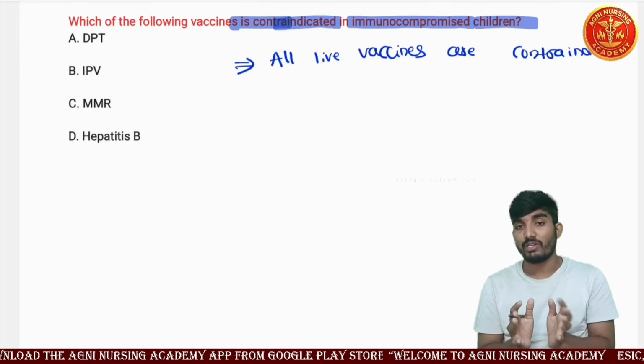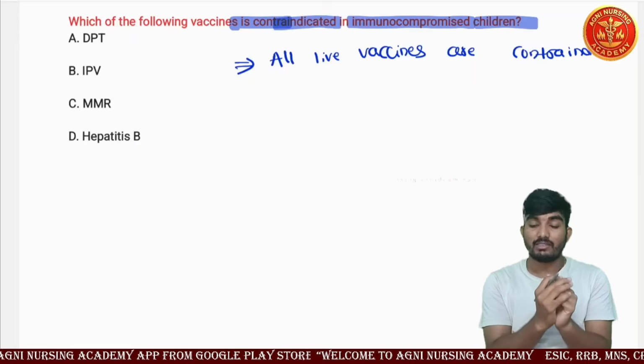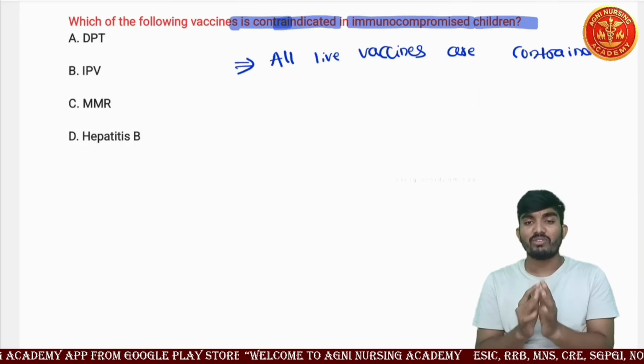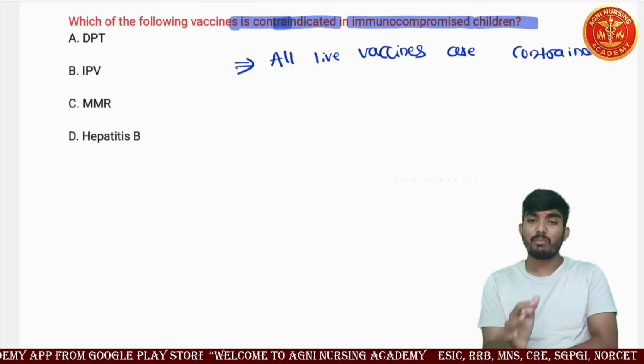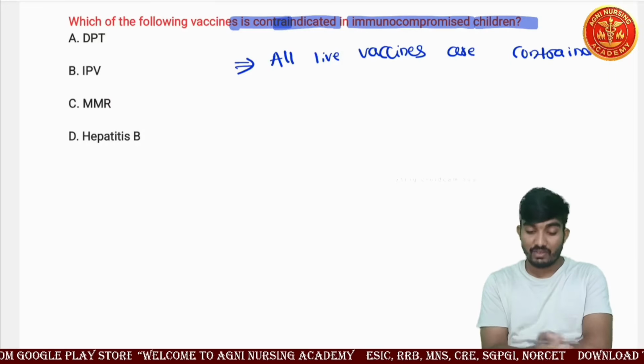It is not useful in an immunocompromised child. We can give killed vaccines, though they are not as effective.